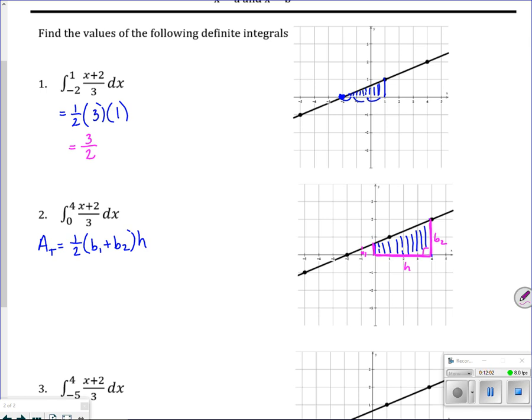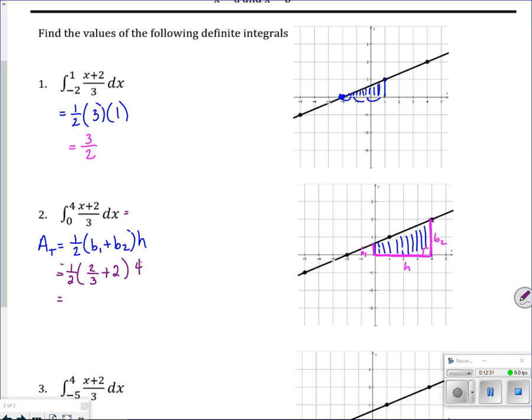So the area of that trapezoid, thus the value of this integral, would be 1/2 times base 1, where did we say that y-intercept was? That was at 2/3, plus base 2, I could read that one off as 2, and the height is 4. So let's just get that together.